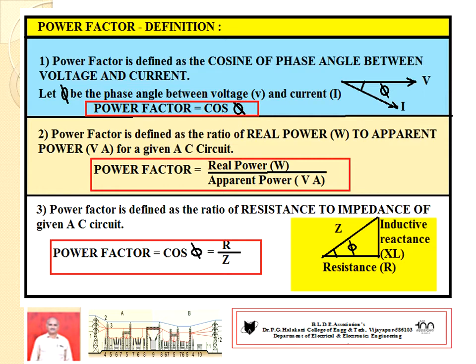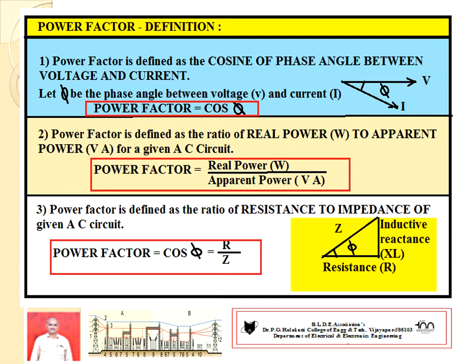So power factor is defined as cosine of phase angle between voltage and current, where phi is the phase angle. Consider V be the voltage and I be the current vectors. Phi is the phase angle between voltage and current vector. Cos phi is referred to as power factor.